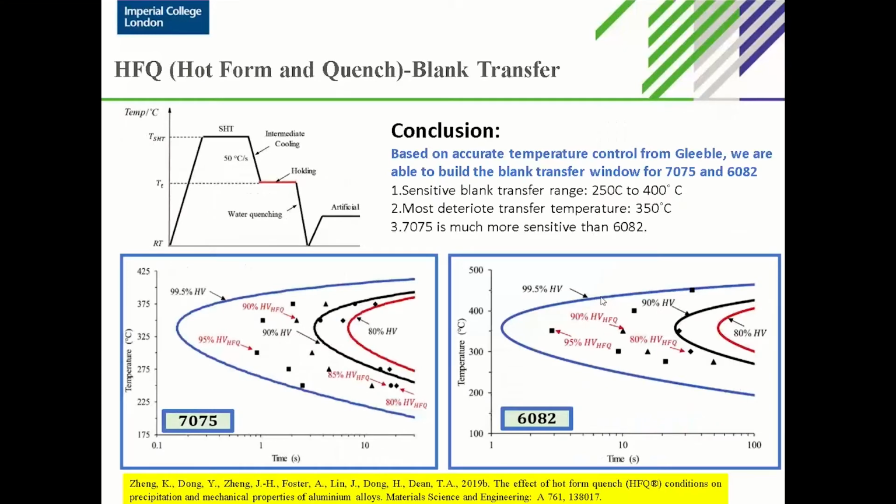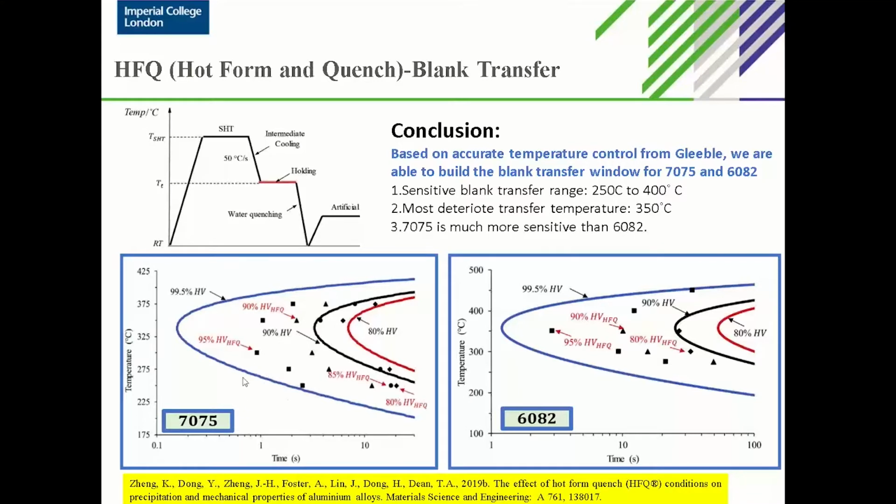Okay. After the microstructure examination, these slides give the final processing map that we achieved for 7075, and this is for the 6082. As I described in the earlier slides, the safeguards are very important for the property control of the part.